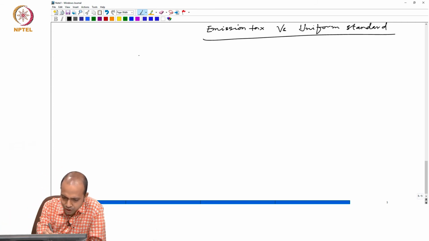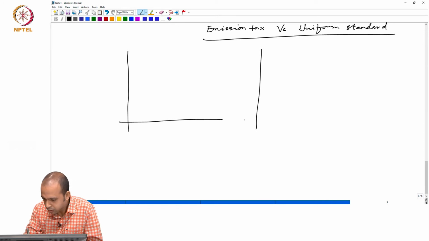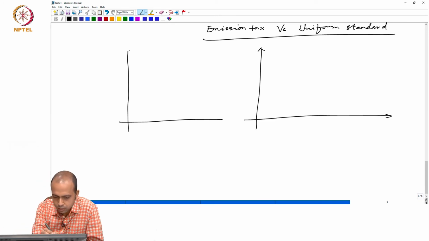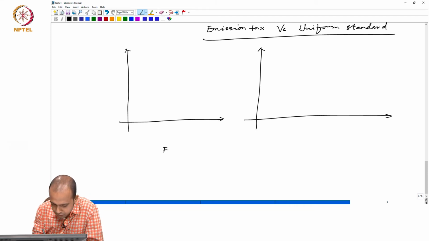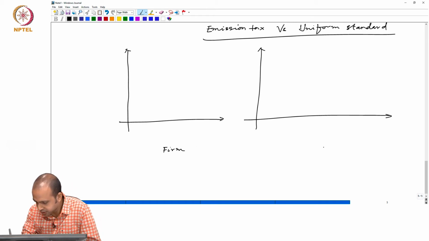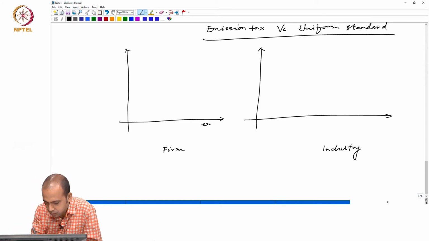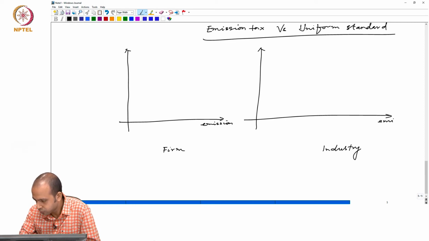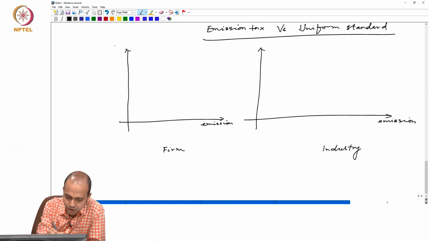Let us say that we are drawing two simple diagrams. In the left hand side, this is for the firm level, and this is let us say for the industry. In the x axis we are measuring emission, and in the y axis we are measuring marginal abatement cost.